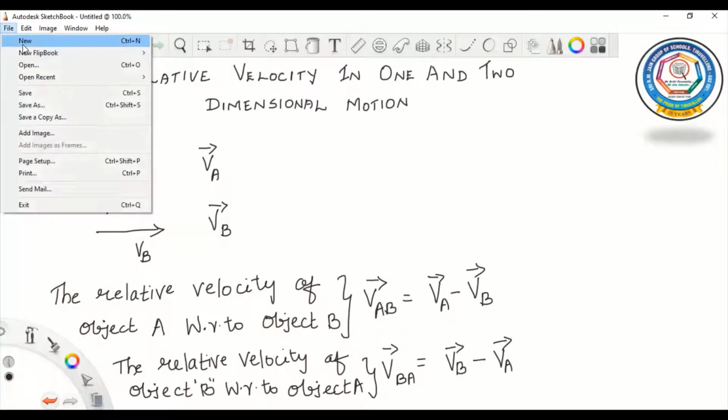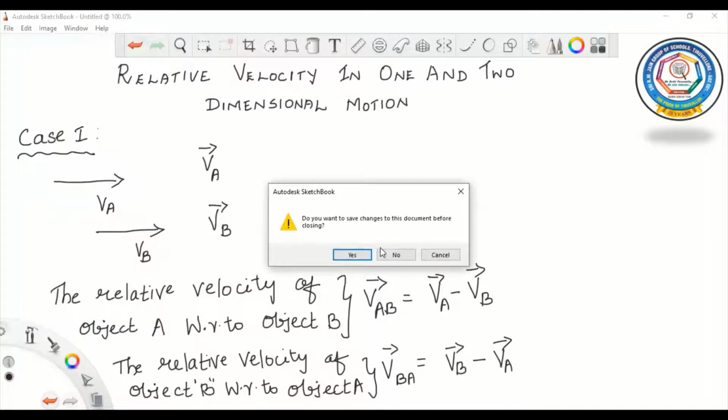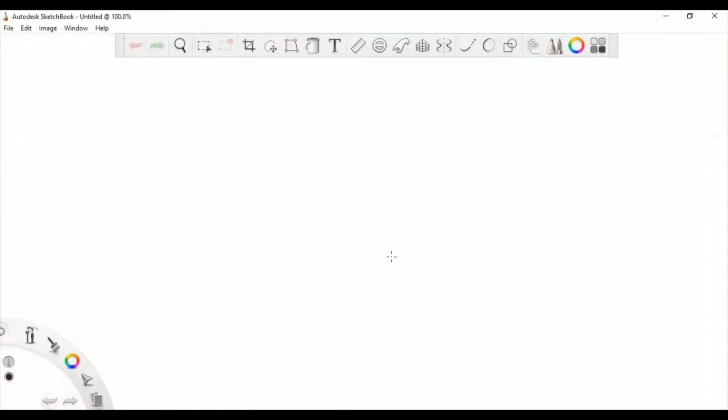In the first case, we assumed that the two objects are moving along the same direction. Now let us discuss what will happen if these two objects are moving along the opposite direction. So here two objects A and B are moving with uniform velocities along the same straight tracks but in the opposite direction.